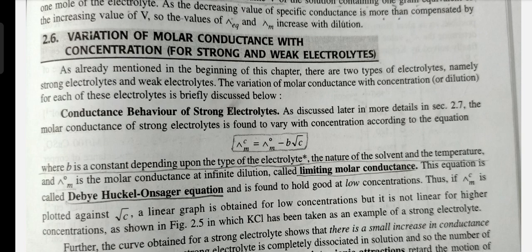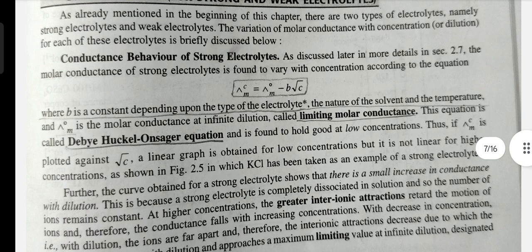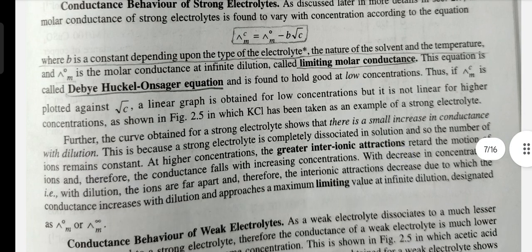Thus, if lambda m c is plotted against root c, a linear graph is obtained for low concentration, but it is not linear for higher concentration, as shown, in which KCl has been taken as an example of strong electrolyte. Further, the curve obtained for a strong electrolyte shows that there is a small increase in conductance with dilution. This is because a strong electrolyte is completely dissociated in solution, and so the number of ions remains constant.